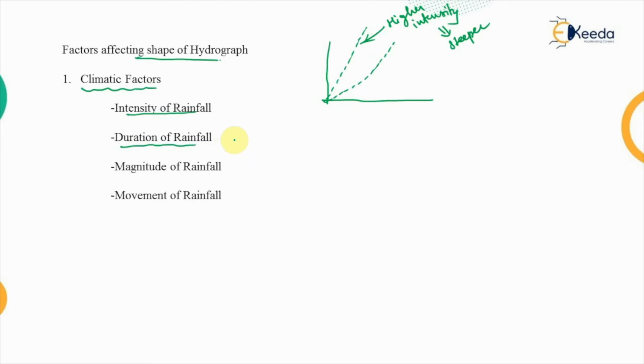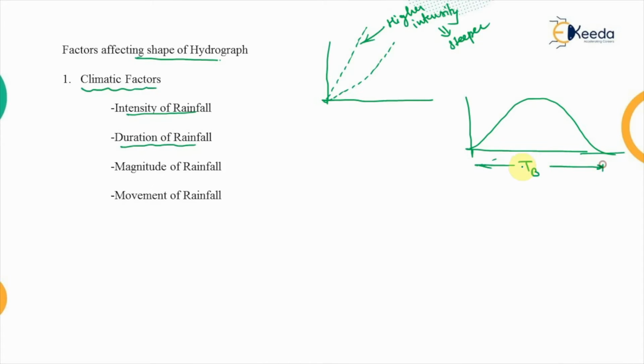If the duration of the rainfall is more, the storm that we will be getting will also be of longer duration, and because of that the runoff contribution from the stream will be for a longer duration. So the curve that we will be getting, that is the hydrograph, will have a wider base.